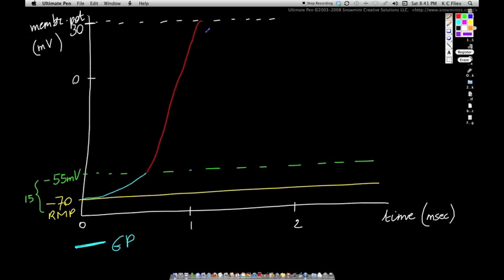As a matter of fact, the inside of the axolemma is so positive now compared to the outside that it literally becomes impossible for more positively charged particles to move into the axon.